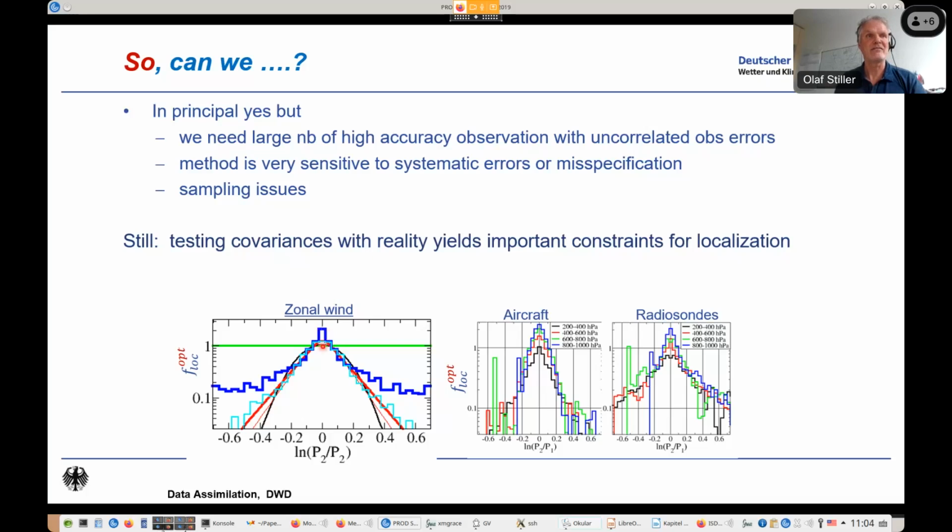And when you take the observations which are very close to each other, then you get this strong overestimation by a factor of 2 compared to the aircraft data, which are probably usually further away from each other. So that's my explanation of the difference between aircraft and radiosondes here, at very small distances. So then I think you need to address that problem if you want to learn something about the spread of the system.